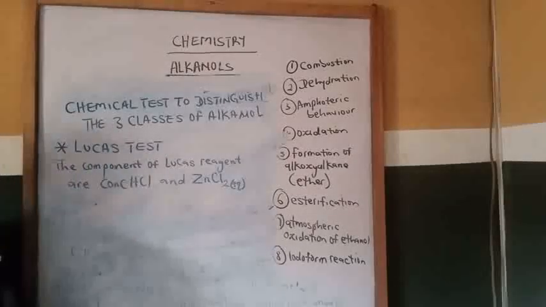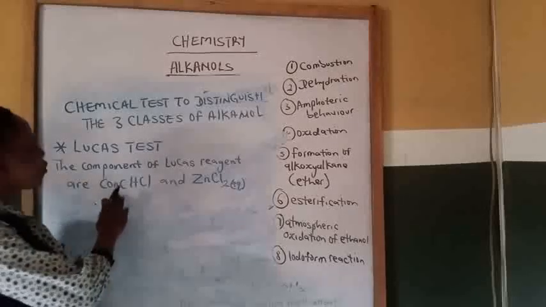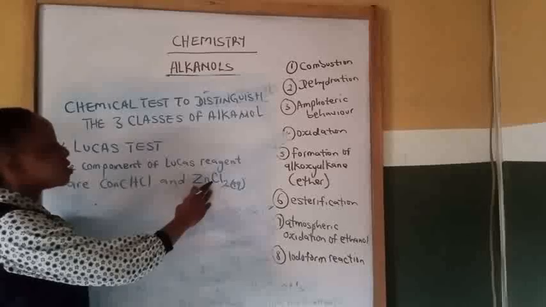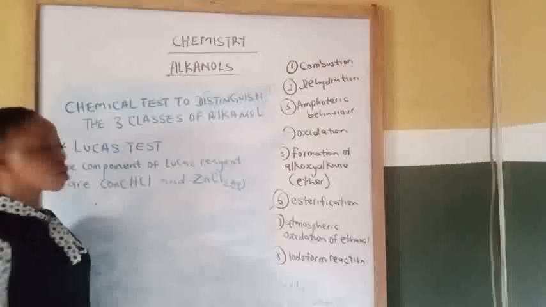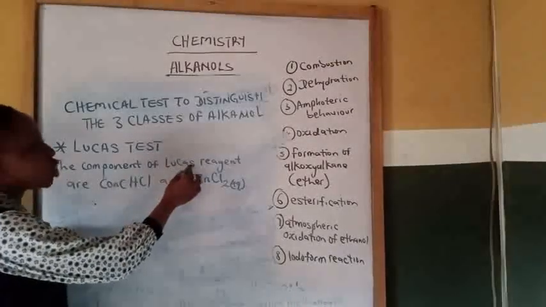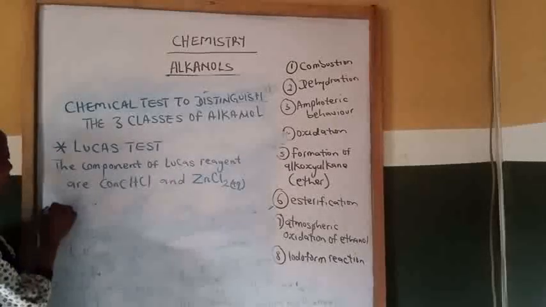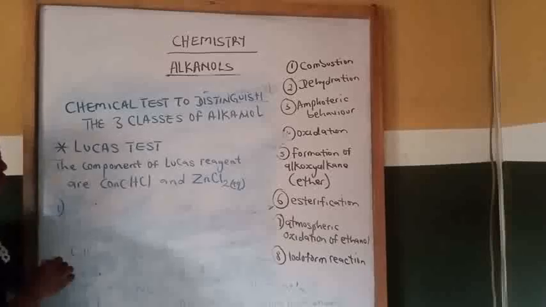So a mixture of concentrated hydrochloric acid and aqueous zinc chloride will give us what we call Lucas reagent.